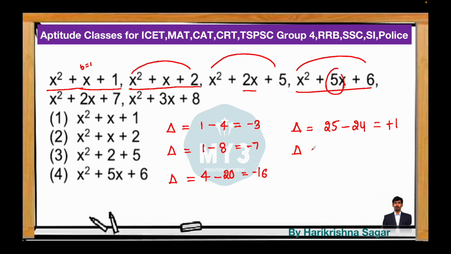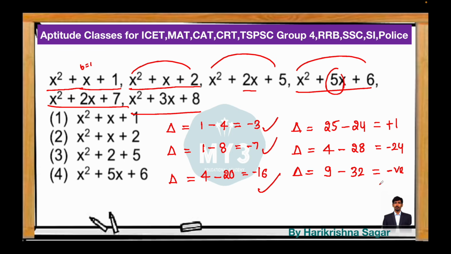For the next equation, b square, which is 4, minus 4ac, 4 7s are 28, gives a result of minus 24. For the last equation, b square, which is 9, minus 4ac, that is 32, also gives a negative value. So if you observe, all these equations have a negative discriminant value, but only one equation has a discriminant value that is positive.